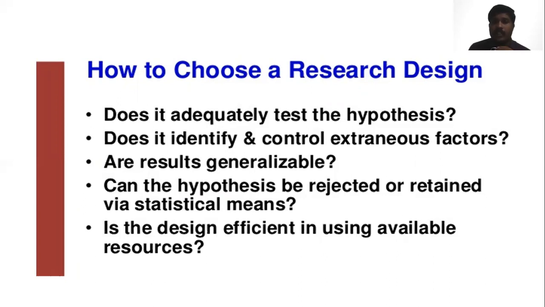Second question is, does it identify and control extraneous factors? Are results generalizable? Can the hypothesis be rejected or retained via statistical means? Is the design efficient in using available resources? So when we are considering a research design, it should clarify these questions. Then only we can tell that the particular research design is an apt one.